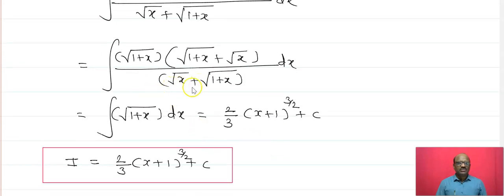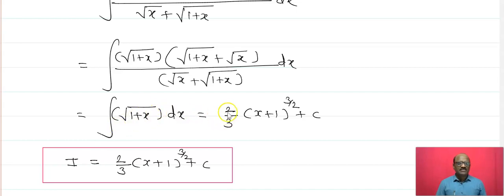Now split this up, that is, we will divide in this manner. The (root of 1 plus x plus root x) upon (root of x plus root of 1 plus x) get cancelled and you will get root of 1 plus x dx. And what is the integral of this? The integral is in the form of integral of (ax plus b) raised to n dx, in the same manner.